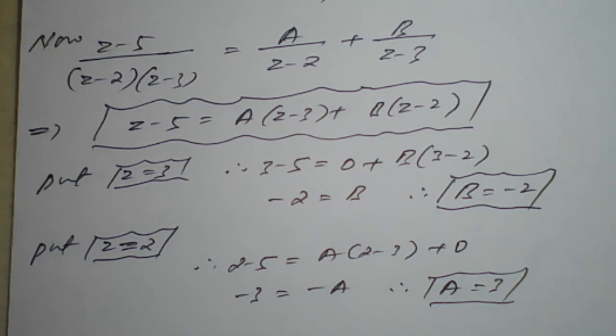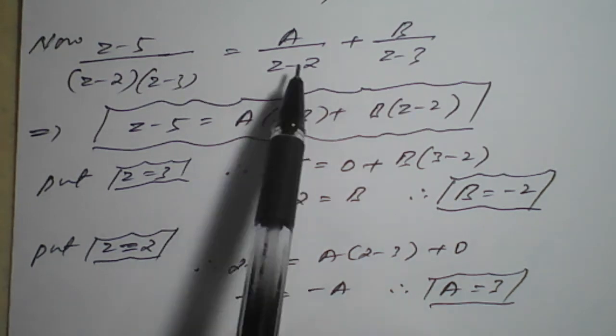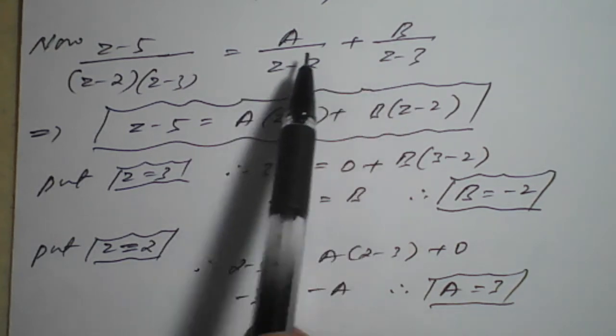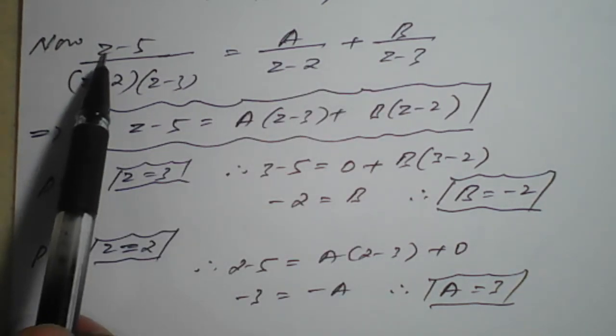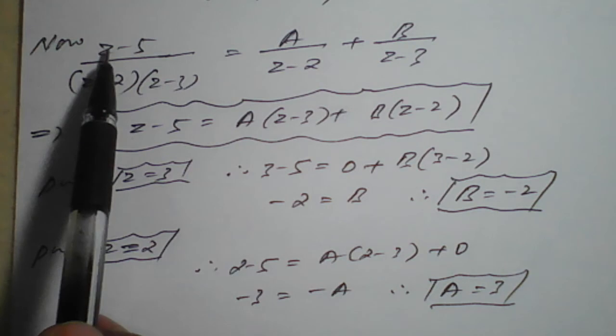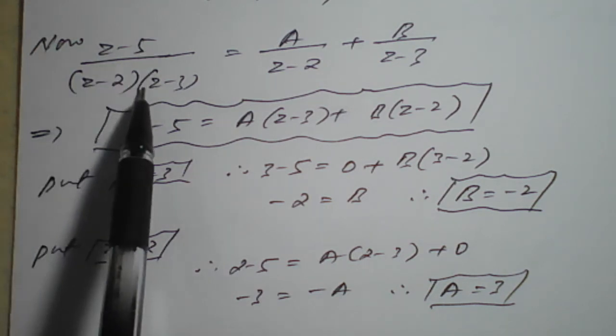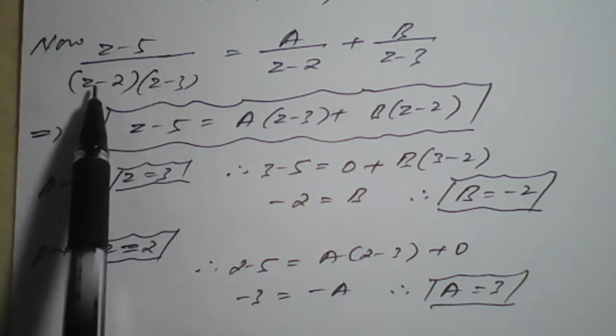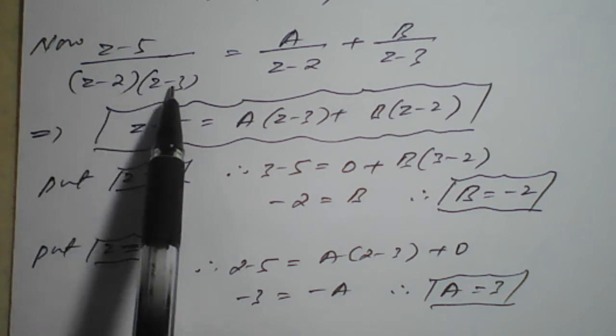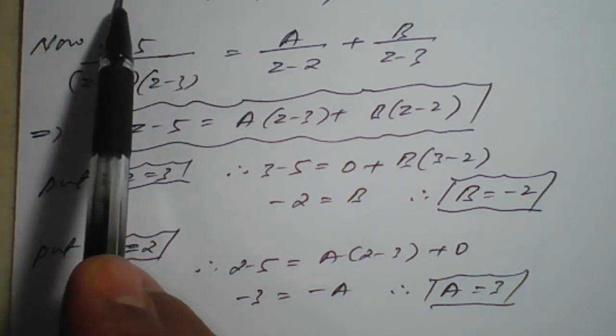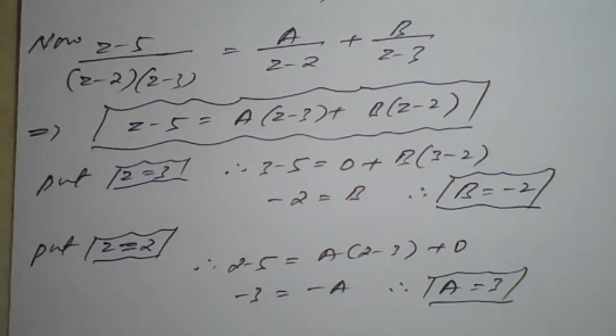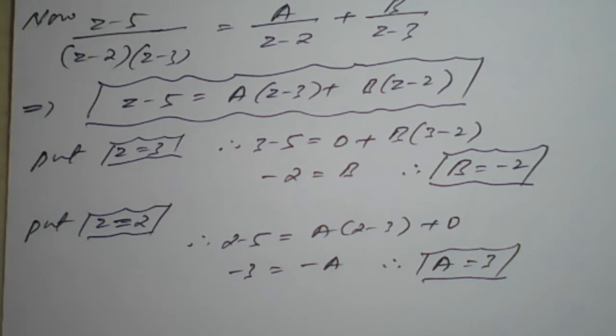So these A and B values will apply in this result. This fraction, (z minus 5) divided by (z minus 2) into (z minus 3), is nothing but P(z) by z. So I will write the step directly.